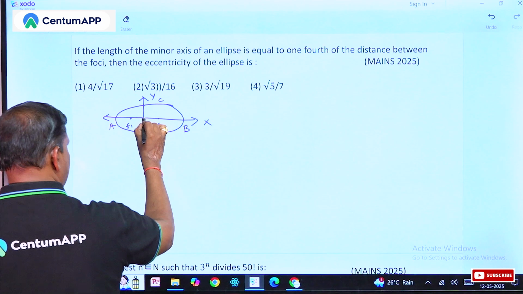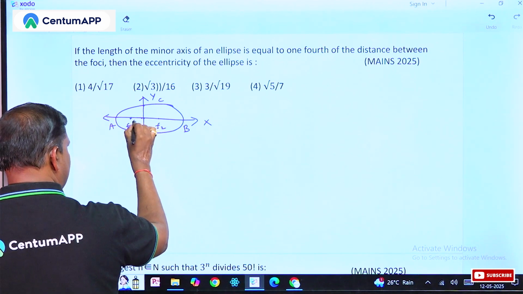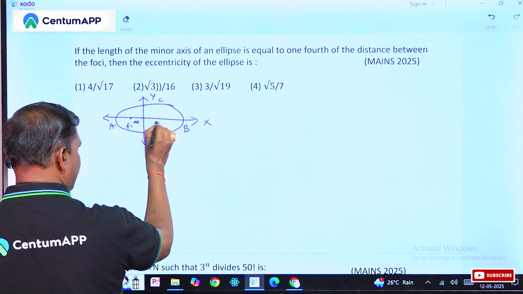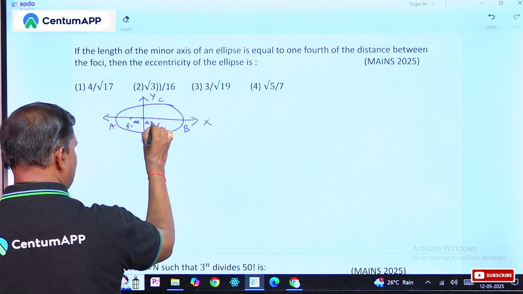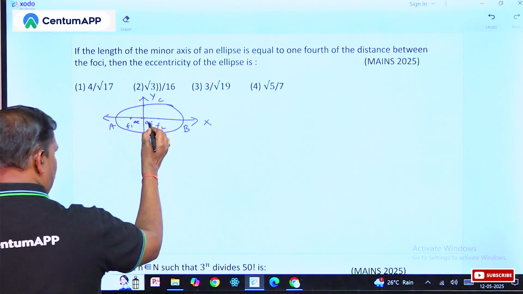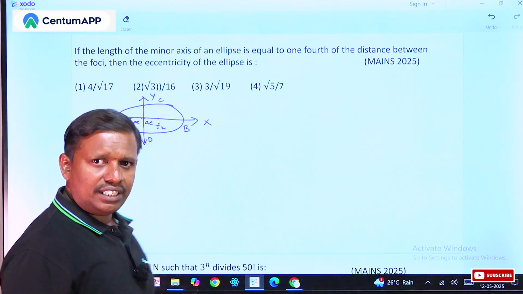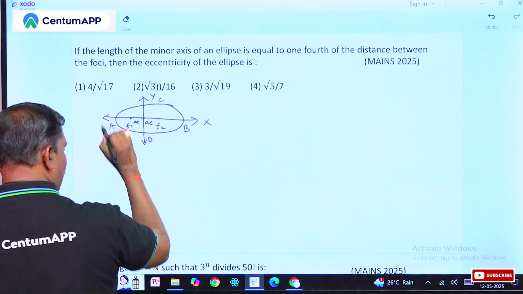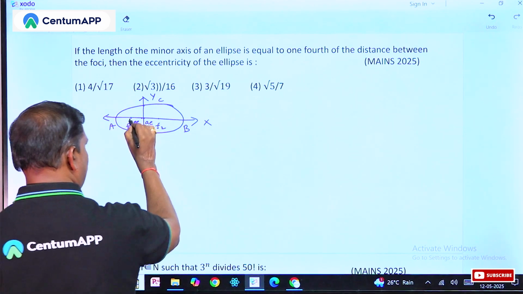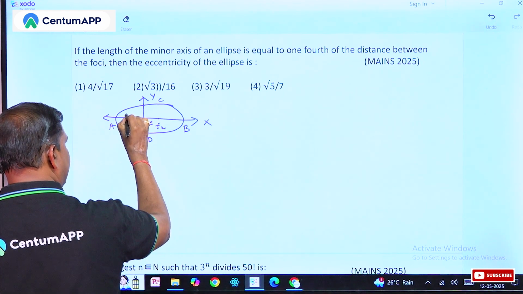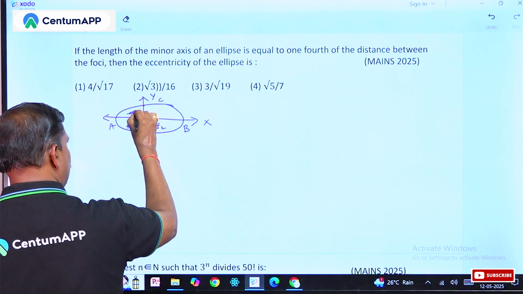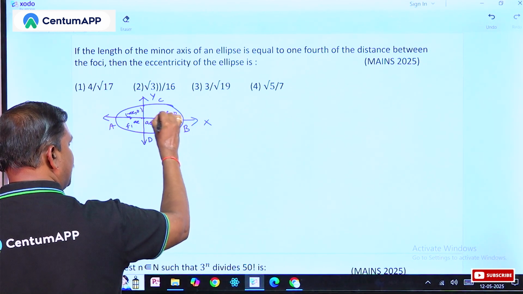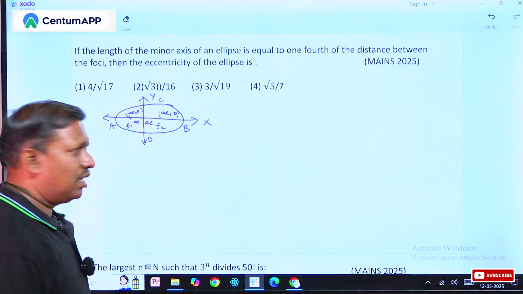See here, from center to F1 distance is AE. Similarly, from center to F2 distance also AE. That's why the distance between the foci is AE plus AE, 2AE. First focus F1 point is (minus AE, 0), F2 point is (AE, 0).